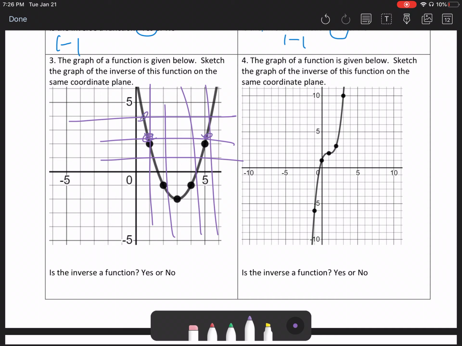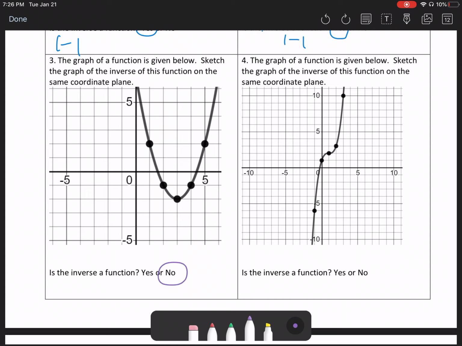And I think this is a good counterexample. Do you see that if I draw horizontal lines, it actually intersects my graph more than once? So the inverse is not going to be a function because my original graph does not pass the horizontal line test. So we're going to say no.